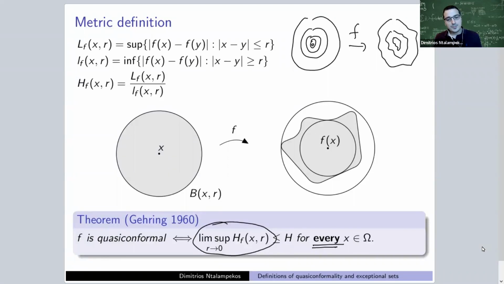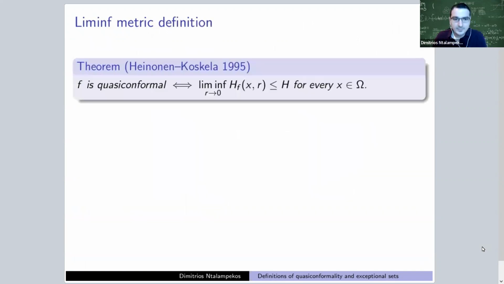Now, let's go to the next step. Let's see a slight generalization of this definition. So 35 years later, Heinonen and Koskela proved that you can replace limsup with liminf. Everything else is the same.